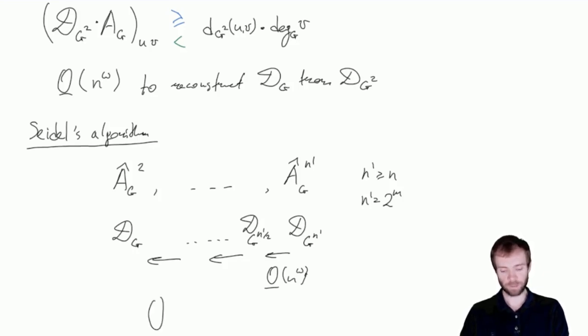So again, we see that in time big O of n to the power of omega times logarithm of n, we are able to reconstruct the distance matrix of the original graph. So this concludes the description of Seidel's algorithm.